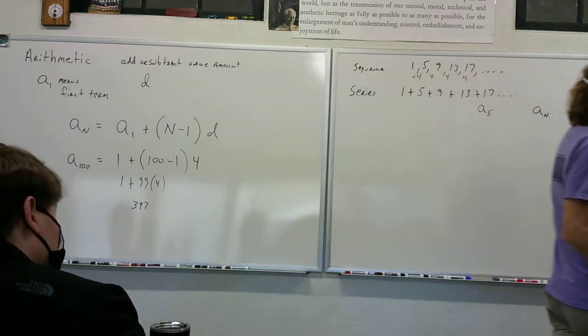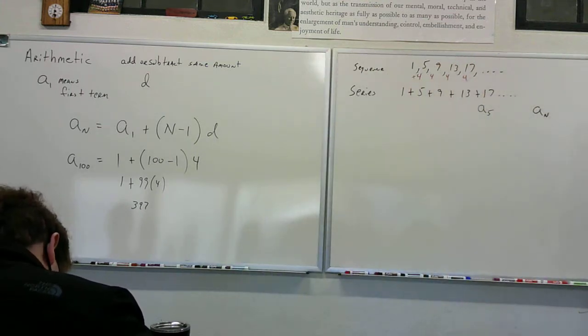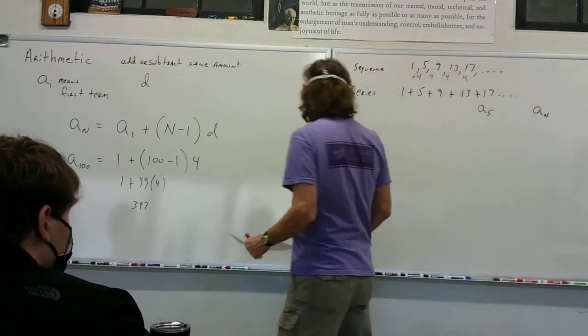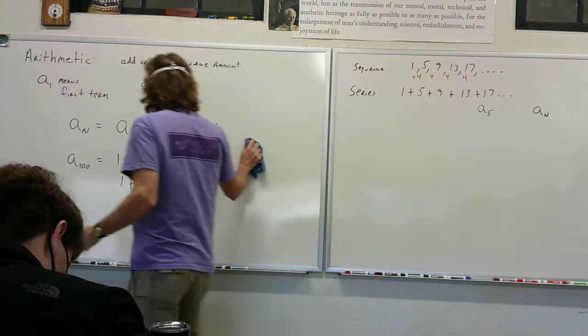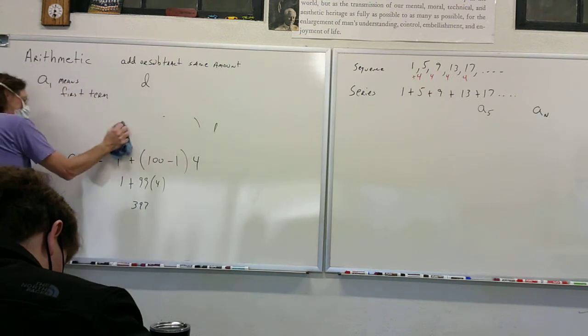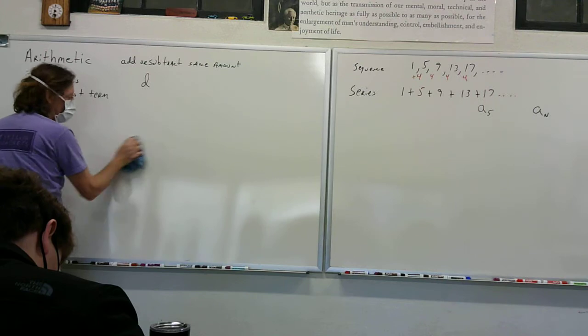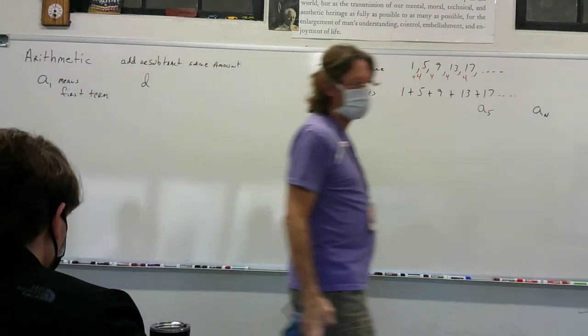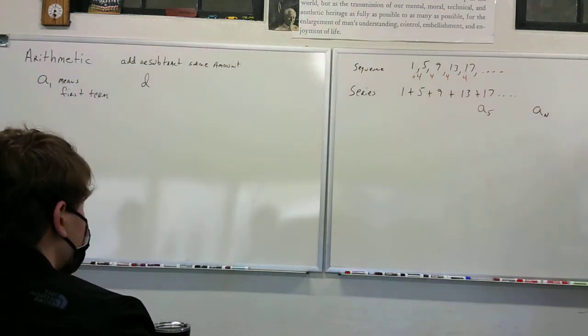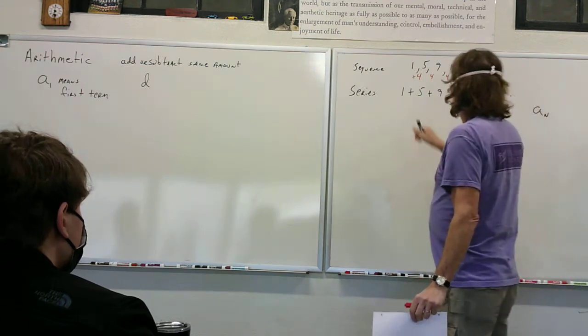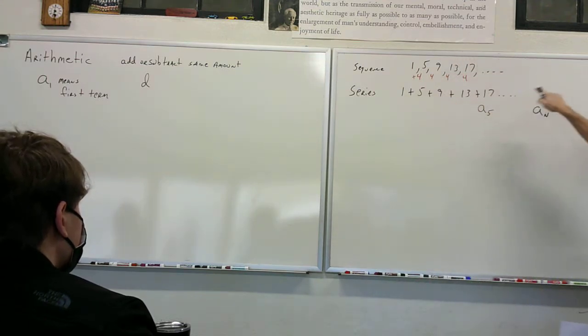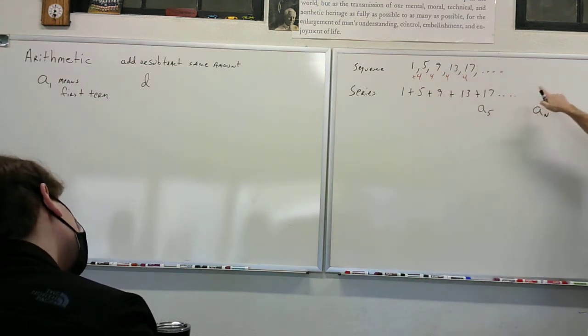Now, if everybody's got that formula, I'm about to give you another one and I need the room to work. All right. Say you wanted to add up the first 100 terms. You wanted to add up every term, 1 plus 5, 17, 21, 25.